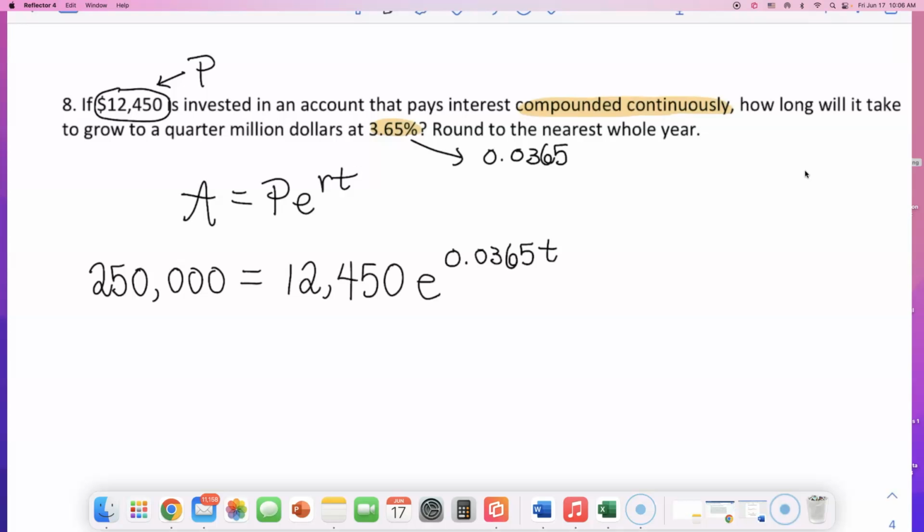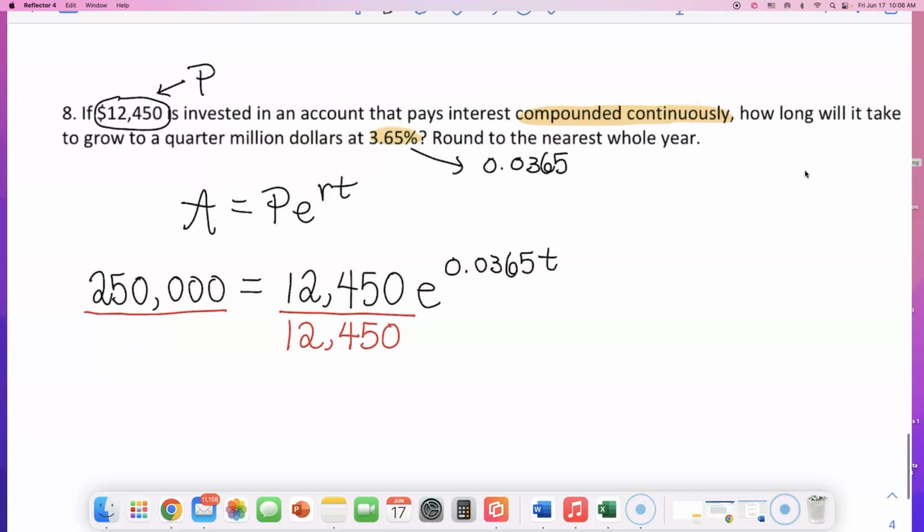For step number 1, what do you do to both sides? We're going to divide both sides by 12,450. I apologize.